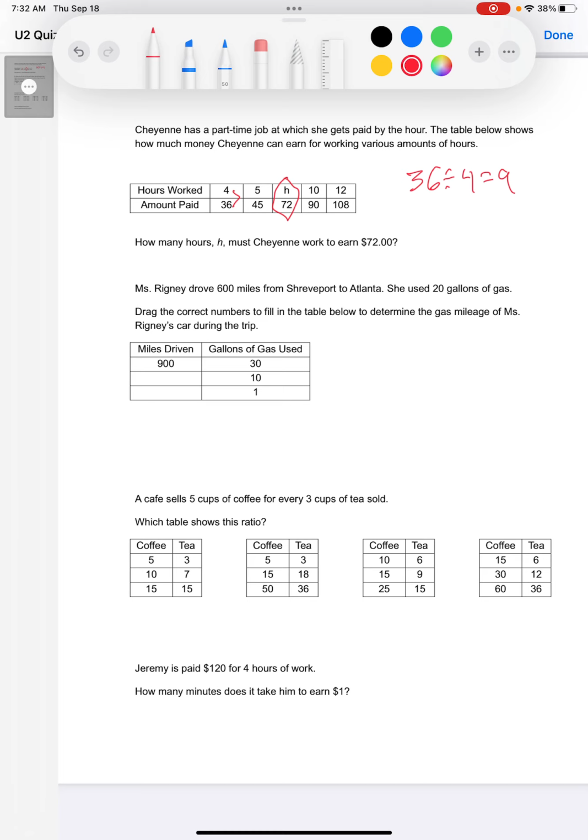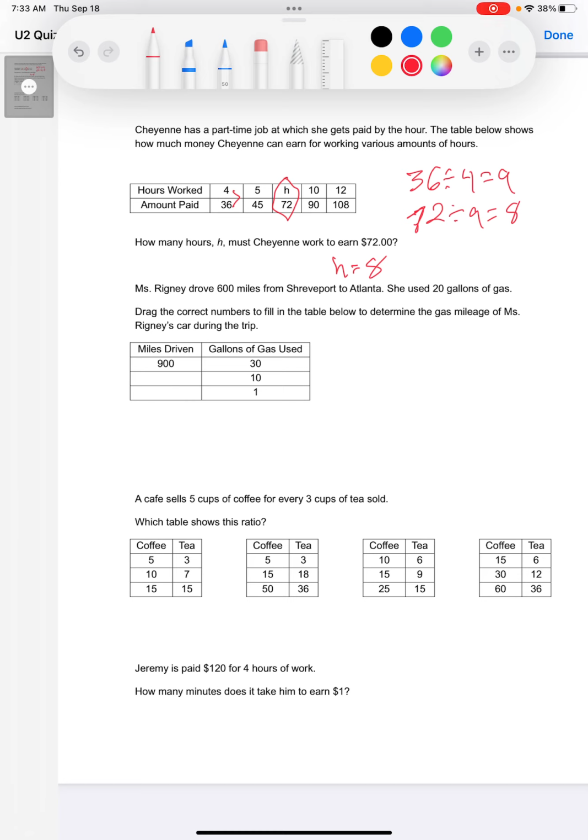So we do 72 divided by 9, and we get 8, so H is 8. So she has to work 8 hours to earn $72.